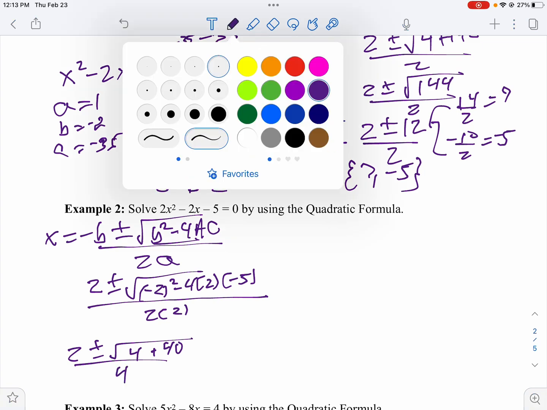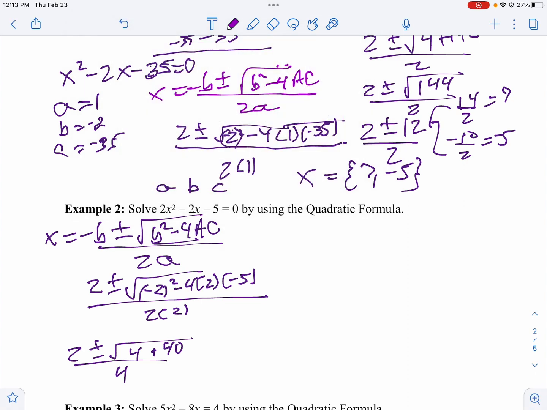Now, simplify that a little bit more. So I get 2 plus or minus the square root of 44 all over 4. Now, square root of 44 is not simplified. So I'm going to simplify the square root of 44. Notice that is the square root of 2 times the square root of 22.